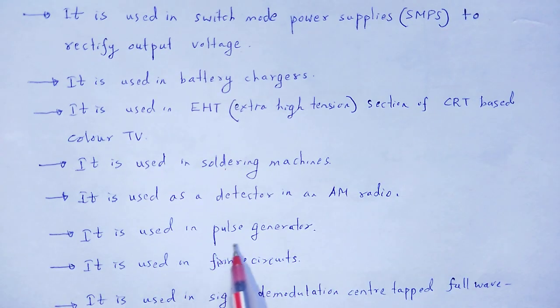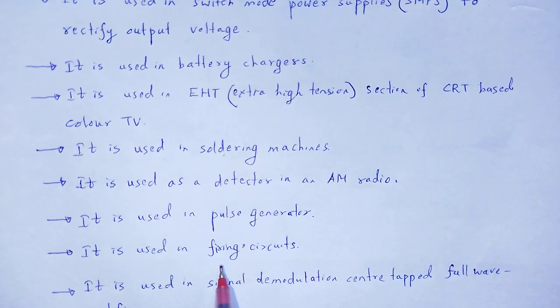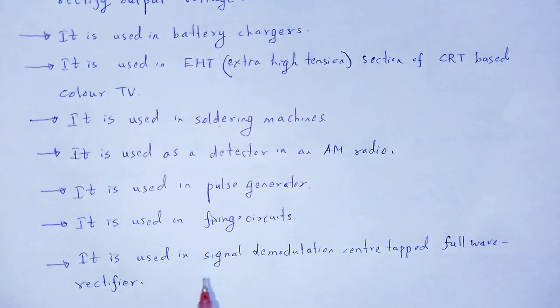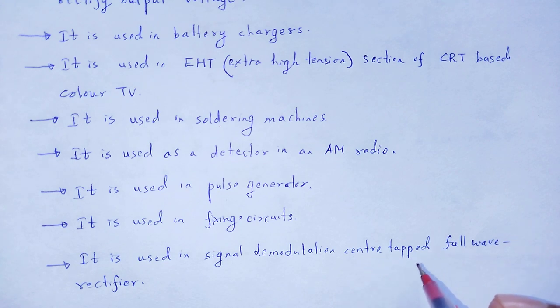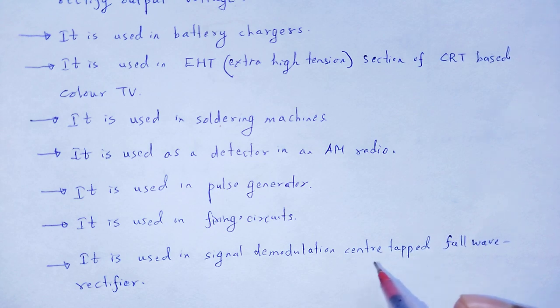It is used in pulse generators, firing circuits, and signal demodulation. In the case of the center tapped full wave rectifier, full wave rectifiers are classified into two categories: center tapped and bridge full wave rectifier. In case of center tap, it acts as signal demodulation.